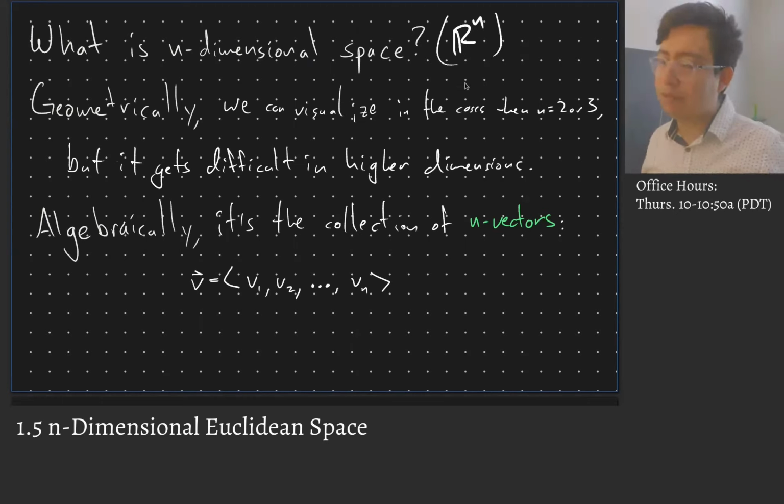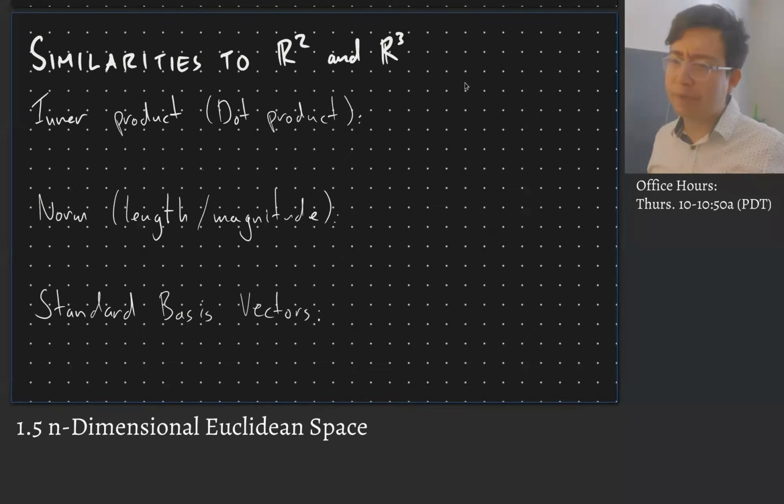I mentioned R2 and R3 back in the first or second lecture, but here we can compare Rn and see, okay, we had a bunch of stuff we've been learning about in R2 and R3. How much of that gets transferred when we go to higher dimensions? It turns out a lot of it does. So for example, the inner product does.